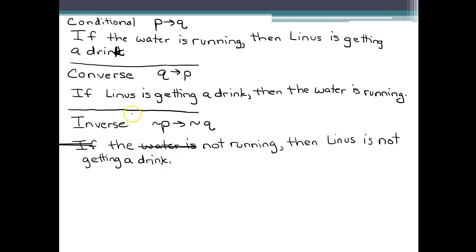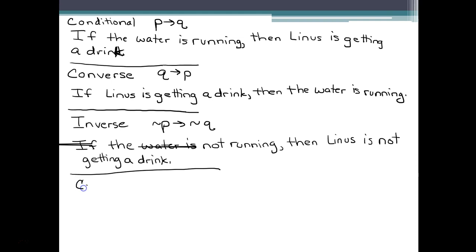So converse and inverse are logically equivalent. If Linus getting a drink prompts the water to run, then we could safely say that if the water is not running, then Linus couldn't be getting a drink, because if the water's not running, then the prompt of Linus getting a drink isn't happening. That follow-up, if it's not occurring, then the initial condition is not being met. So those two are logically equivalent.